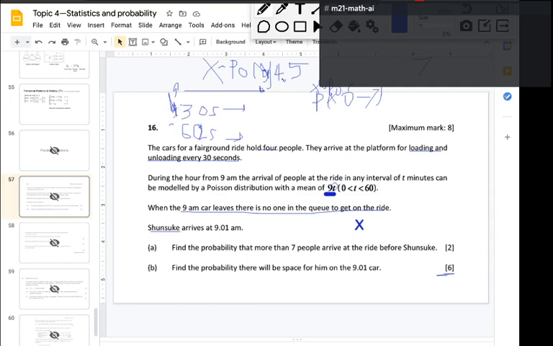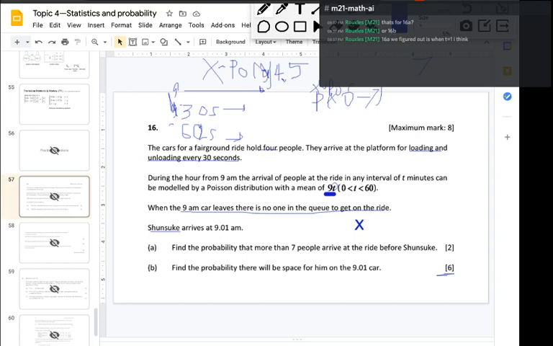Huh? X more than 7? Are you sure? Wait, that's for 16. Yeah, 16A. How about B? Yeah, then what I'm doing is correct.